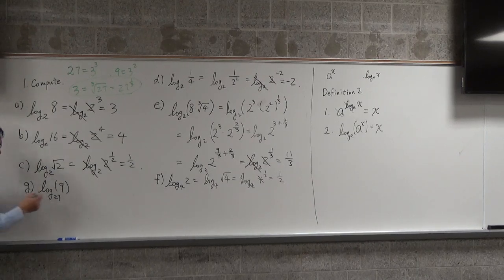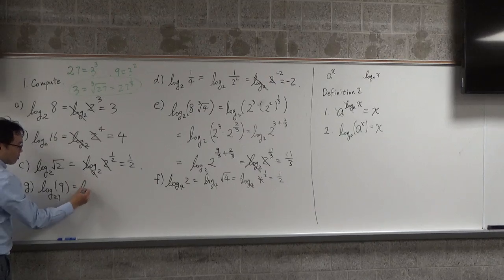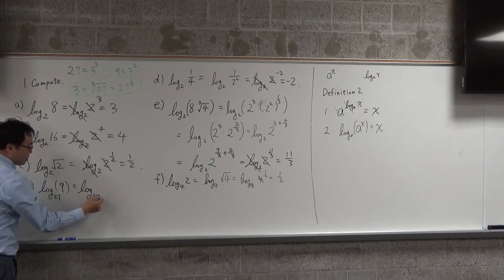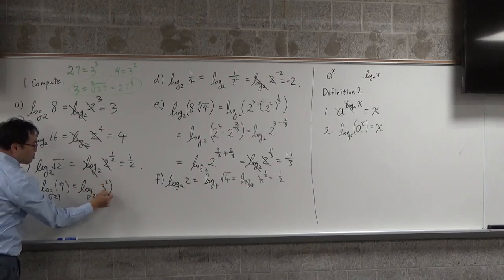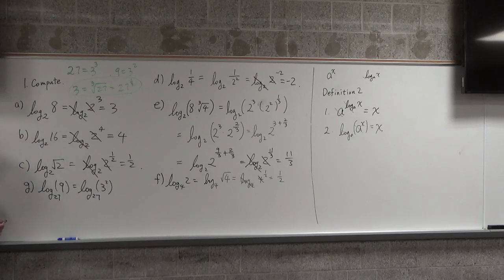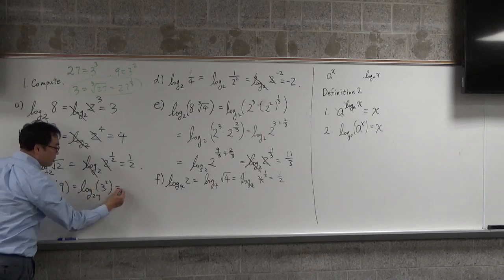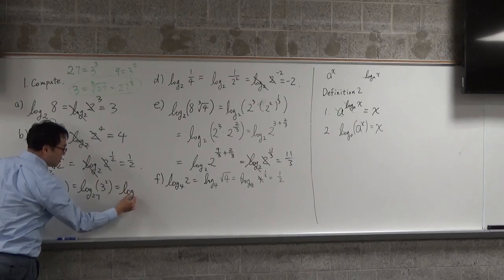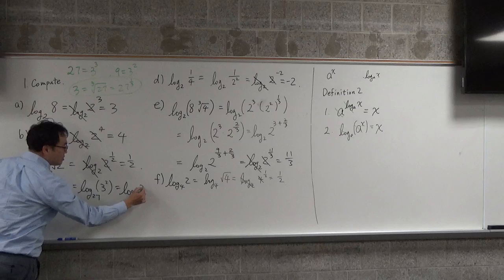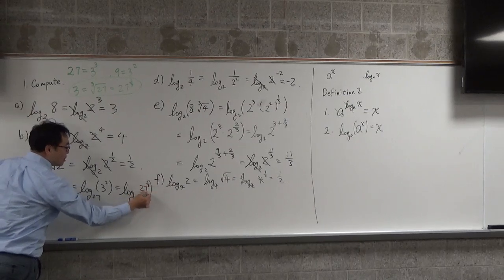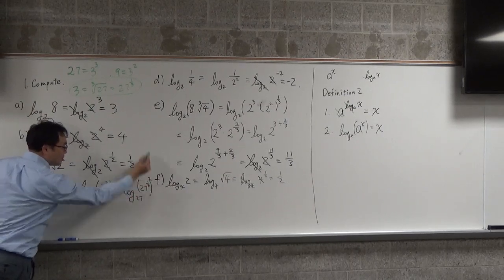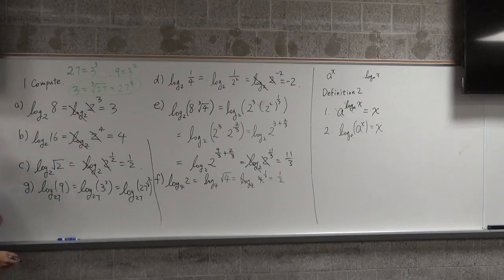I'm going to rewrite this as log base 27 of 3 squared. 3 times 3 is 9, right? So write it as 3 squared. But then I'm going to rewrite 3 as 27 to the 1/3 power, and then there's a squared.